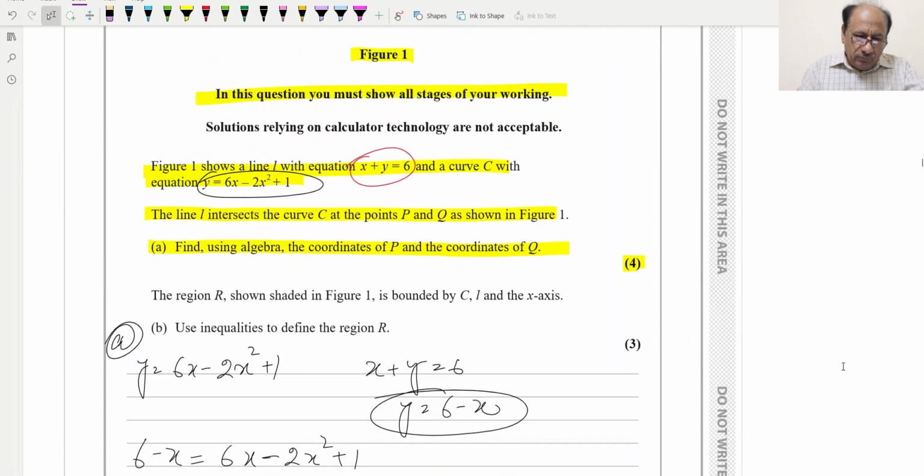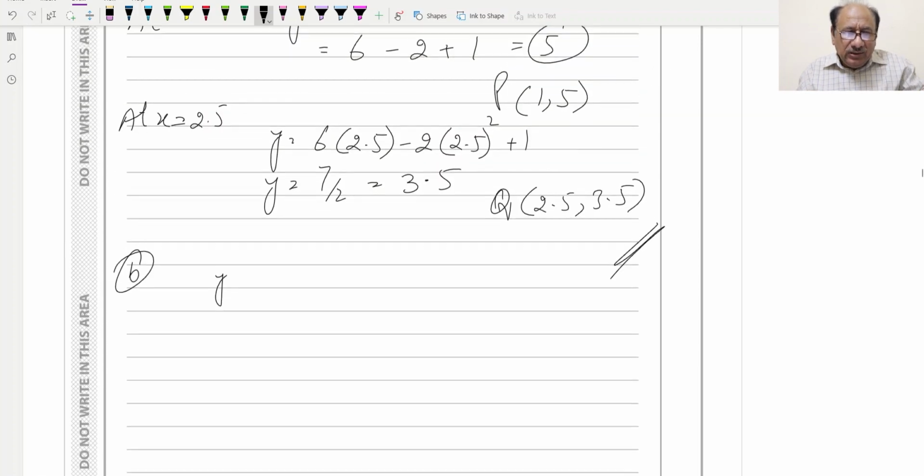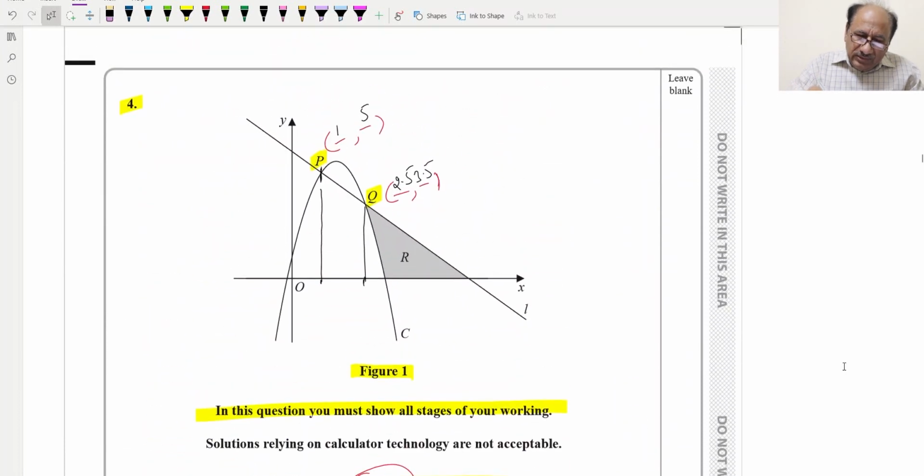Now we can move to the B part, and B part says the region R shown shaded in figure 1 is bounded by C, L and the x-axis. Use inequalities to define the region R, and this is a 3 marks question. To identify the region R, we can see this region R is higher than the quadratic curve.